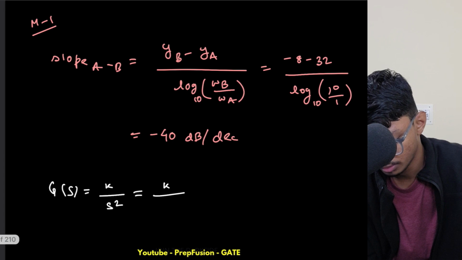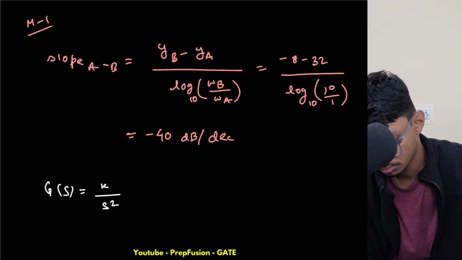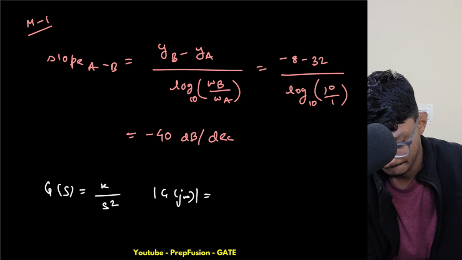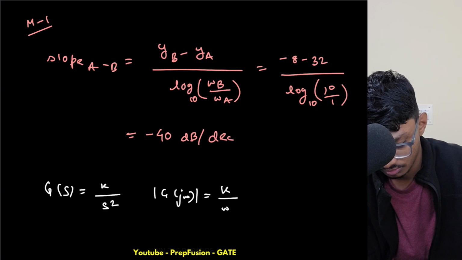Either you can calculate this in log scale or in simple scale. So the magnitude will be G of j omega equals K by omega square.